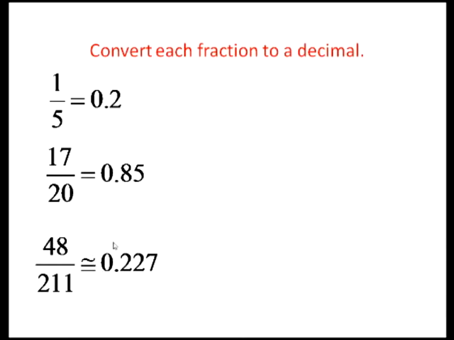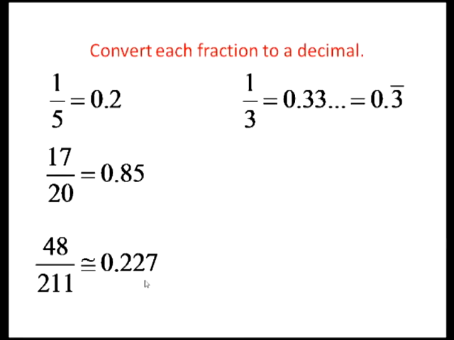So again, that's a difference between the way we represent things with fractions versus decimals. However, a weakness of fractions, even though they're exact, is 48/211 is difficult to picture. But with 0.227, you can almost think, well, that's almost a fourth. That's easier to picture.